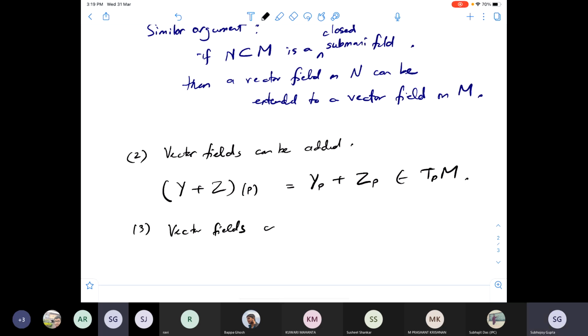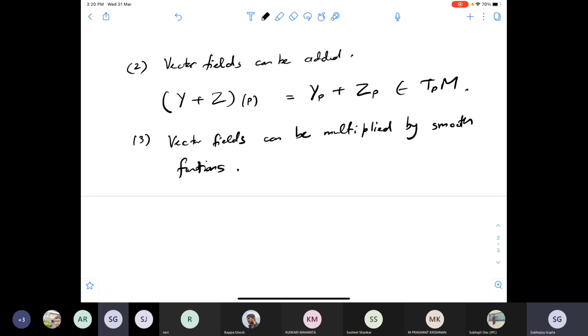The other related thing is that not only is there addition, there's multiplication. Vector fields can be multiplied by smooth functions. What does that mean?